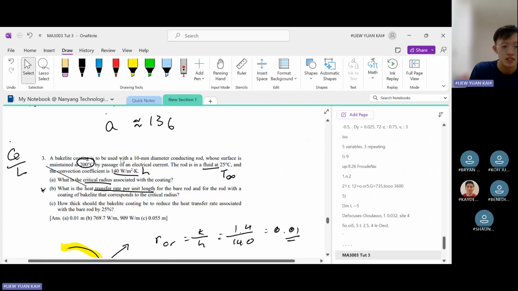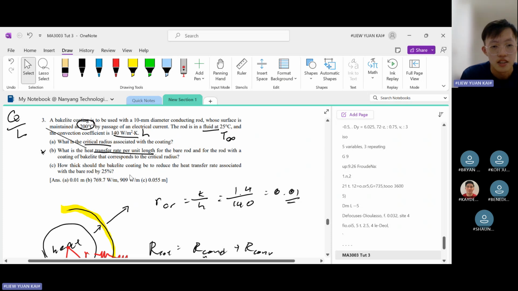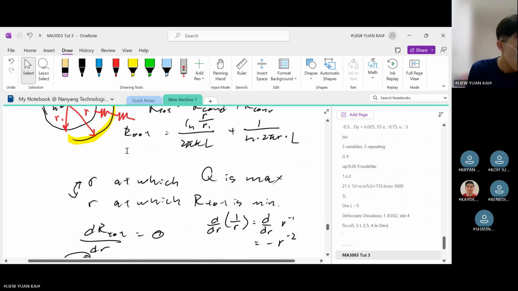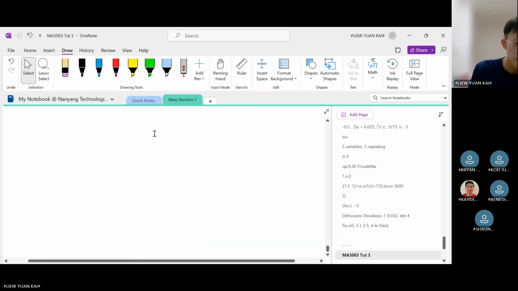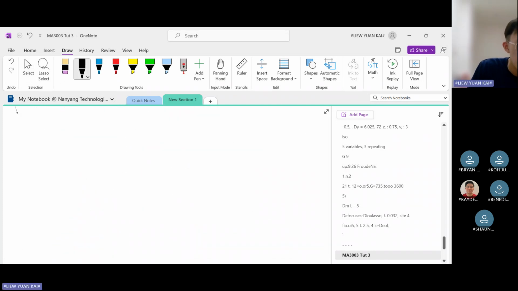Next, we go to C. How thick should the bakelite coating be to reduce the heat transfer by 25%? So what does this mean?